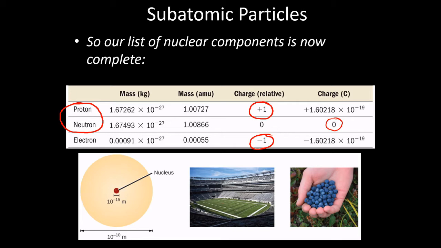If you ever heard of a neutron star, the nucleus of atoms has roughly the same density as a neutron star. But then there's all this empty space around the nucleus, which then essentially evens it out to be what we would consider a normal density.